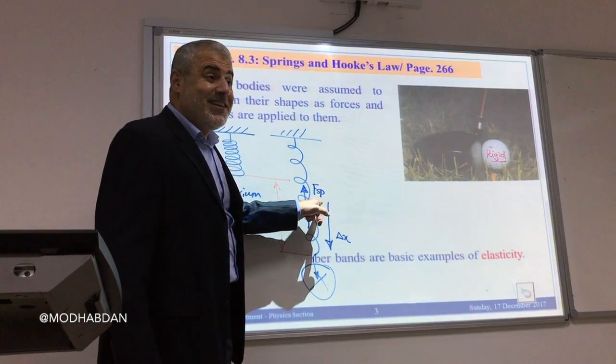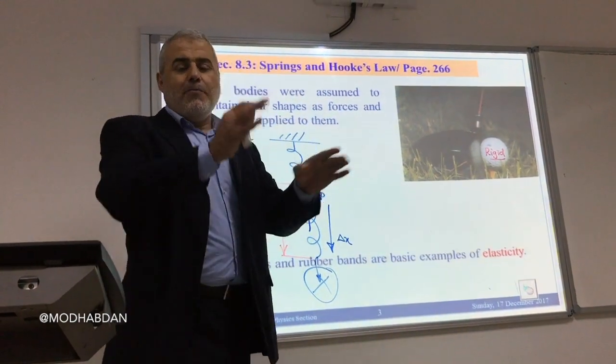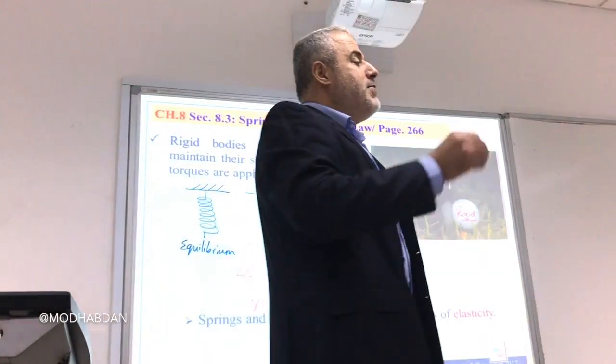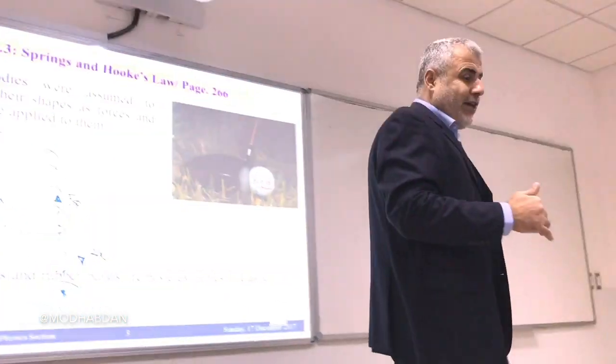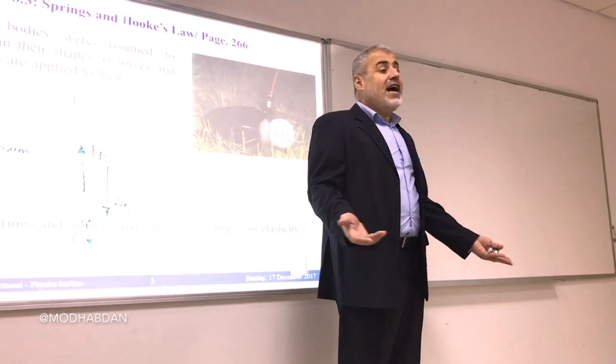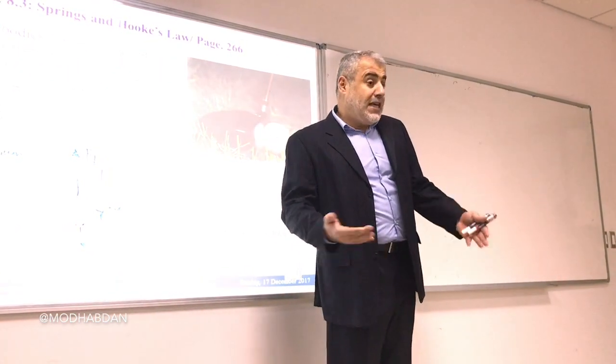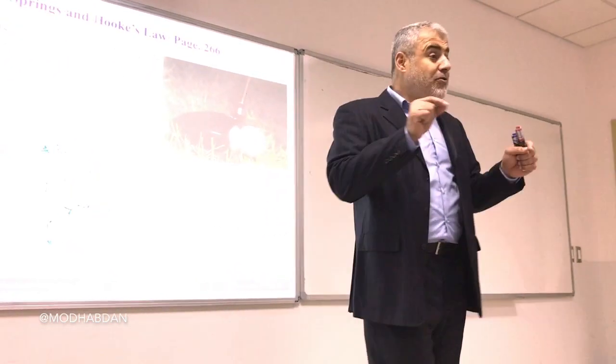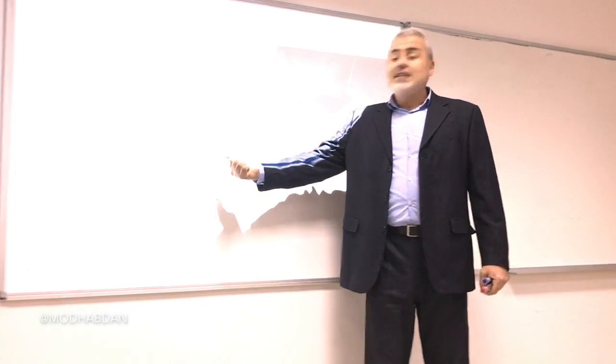Due to this force. You figure it out, Shabab? This force we call the restoring force. So in another way, Ya Abdullah, we can say that elastic objects have a restoring force generated when we displace them. This is another thing. Again, we define that here.